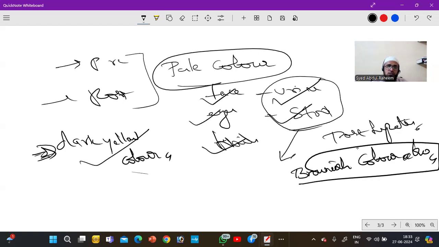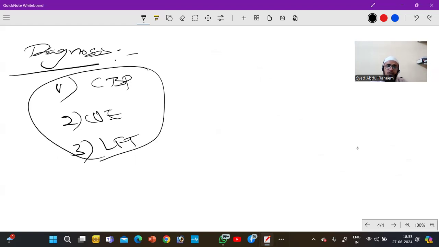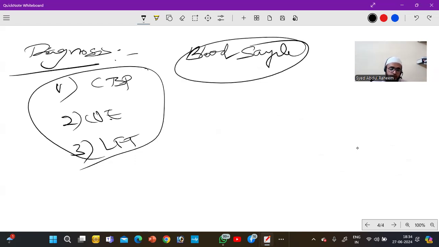Next, we have diagnosis. In the diagnosis, we have three things. One is CBP, the second is urine examination, CUE, and the third is LFT. So these are blood samples and urine samples we have to collect and examine in the lab.